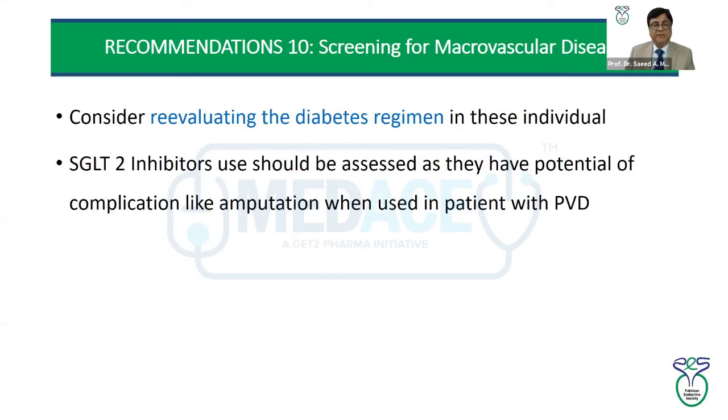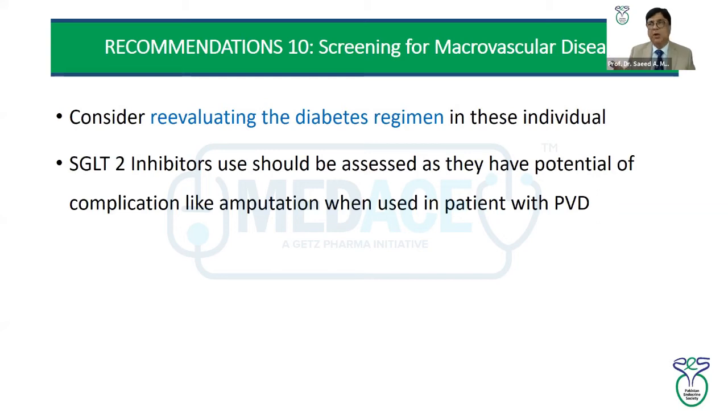Now, consider reevaluating the diabetes regimen in these individuals, and again, the SGLT2 inhibitors used should be assessed, as they have the potential complication of amputation when used in patients with peripheral arterial disease. Someone who has peripheral vascular disease, the SGLT2 inhibitors should be used cautiously, because in one of the studies they have shown that it may exacerbate the peripheral vascular disease.